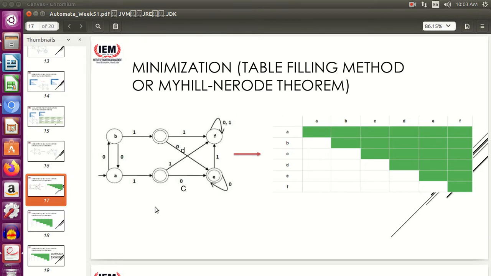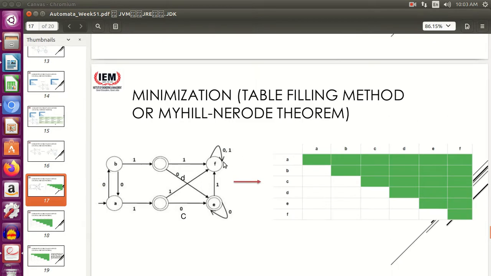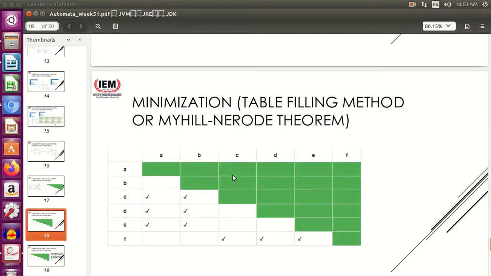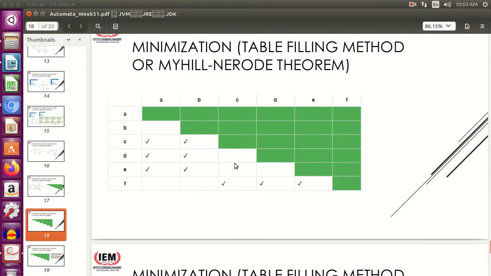From C, if I give 0, I will go to E. If I give 1, I will go to F. For D, if I give 0, I will go to E. For E, if I give 0, it will be a self loop, and if I give 1, it will go to F. All of them are converging to F. So logically it should be combined, because we are getting all the pairs: we are getting CD, CE, and DE as well.